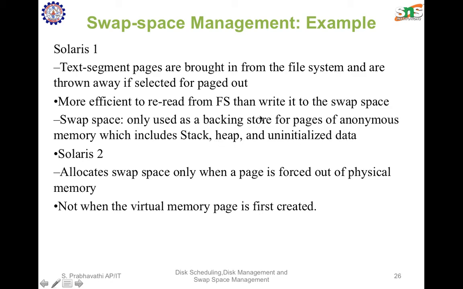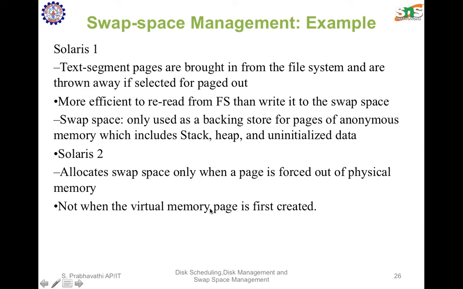So these things will be used as a backing store for pages. Okay, so swap space is only used as a backing store for pages of anonymous memories like stack, heap and uninitialized data.